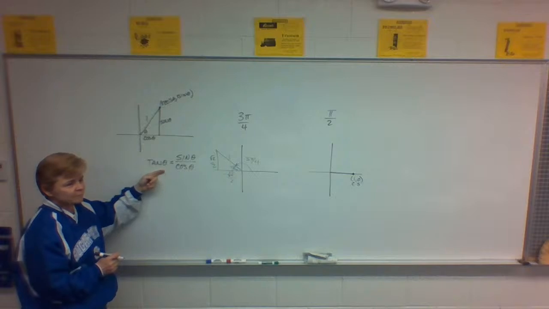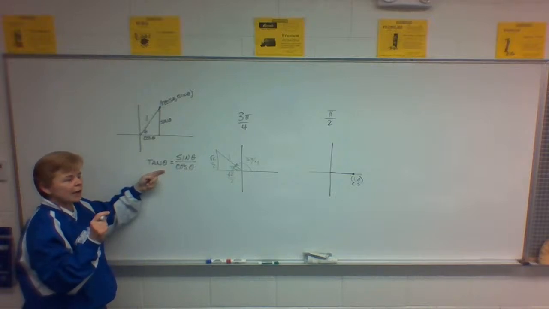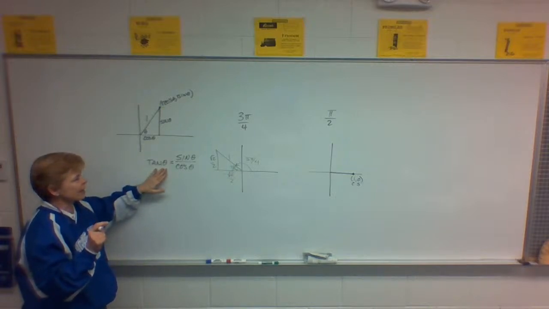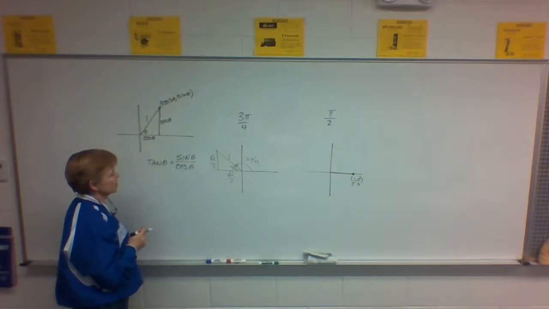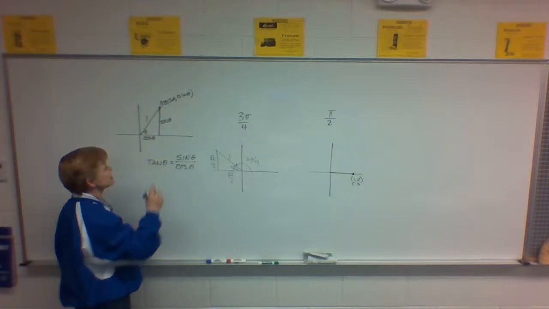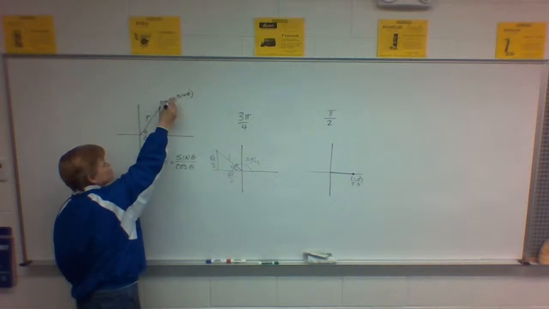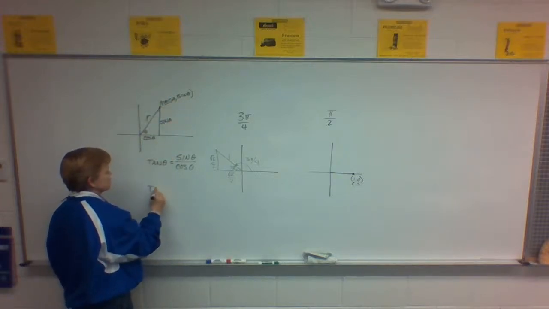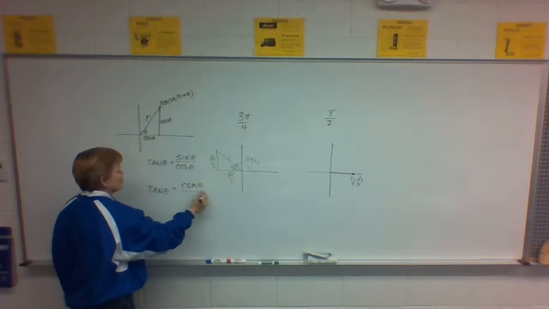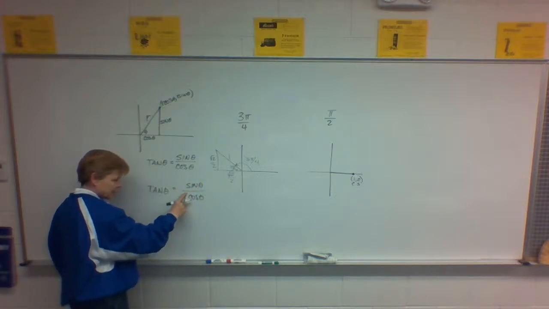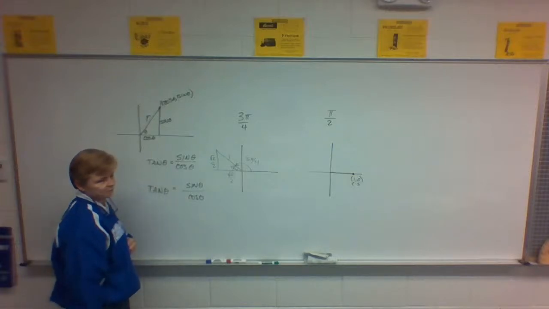When it becomes important to keep track of these, I'll have you write that down. You may want to write that down right now, but it's always opposite, which is sine, over adjacent, which is cosine. And the really cool thing is even if this is an r, so that this is true up here, then the tangent of theta is r sine theta over r cosine theta, and it's still, canceling the r, sine over cosine.